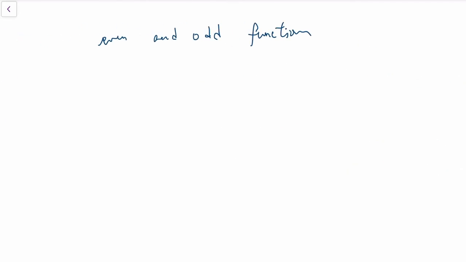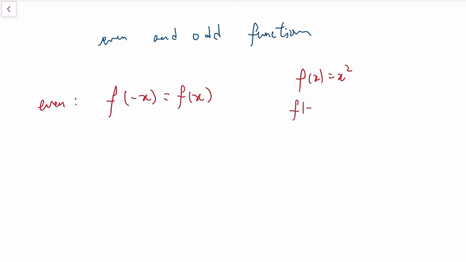Now the last thing that is worth talking about is even and odd functions. A function is even if when you put in negative x into all the x's, you get the same function as the original. An example of an even function would be x squared, because if you put in negative x, you get (negative x) whole squared, but the negative squared is positive, so it's x squared, the same as the original function.